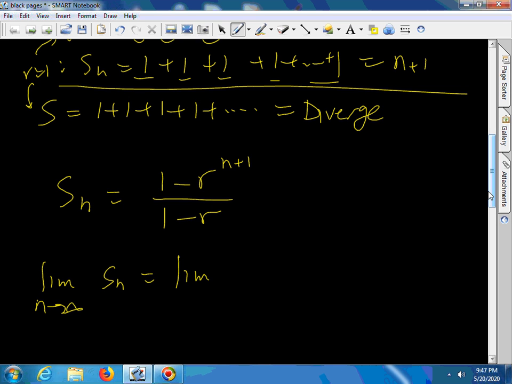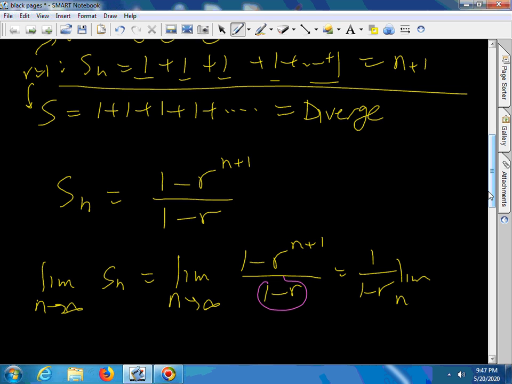And this is going to equal the limit as n goes to infinity of 1 minus R to the n plus 1 over 1 minus R. Now we're assuming R is not 1. So what's going on here is this is a constant. In fact, as a constant, we can just bring it in front. I don't want to deal with it. The limit as n goes to infinity of 1 minus R to the n plus 1.